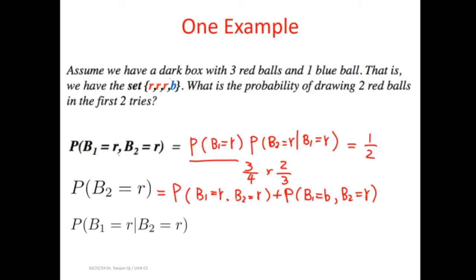And clearly, you can just use, as I said, Bayes' rule. This is equivalent to P(B1 equals red, B2 equals red) over P(B2 equals red), which is exactly the first and the second.